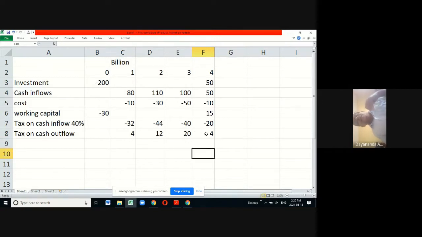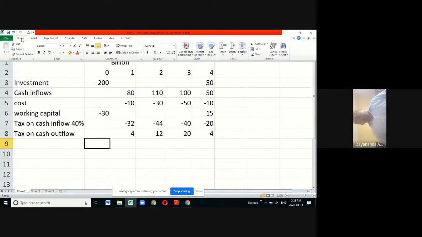That means by this amount your tax payment will be reduced. For the income you are making, you have to pay the tax. That is of course 32, 44, 40 and 20. And for the cost, there is a tax saving. Tax on cash flow, 4, 12, 20. So thereby, after considering all these, you can get the total.